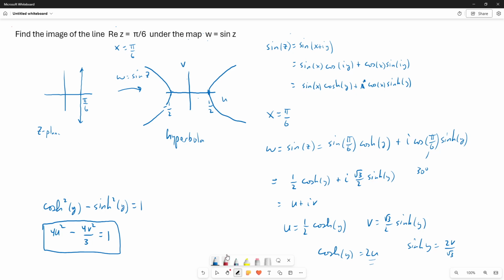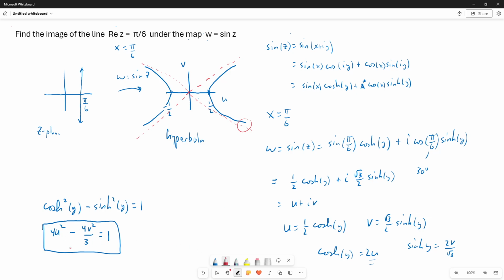A hyperbola has a couple of asymptotes. The curve is nestled in between these two lines. Those are asymptotes for the hyperbola if we draw it well. So let's figure out the equations of these asymptotes.